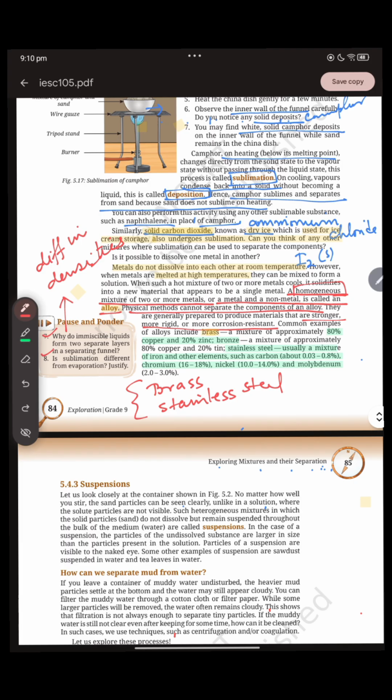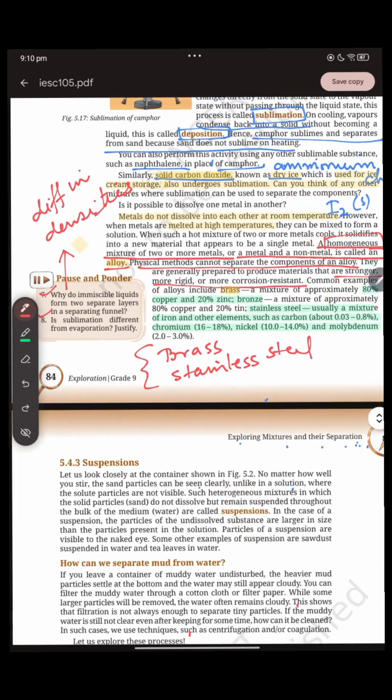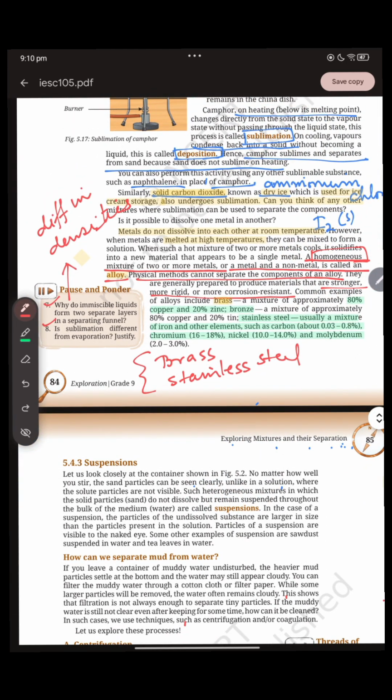Next question. Is sublimation different from evaporation? Of course, for this you need to know the meaning of sublimation and the meaning of evaporation. Sublimation is a process of conversion of solid to the gaseous form and gaseous form to the solid form.